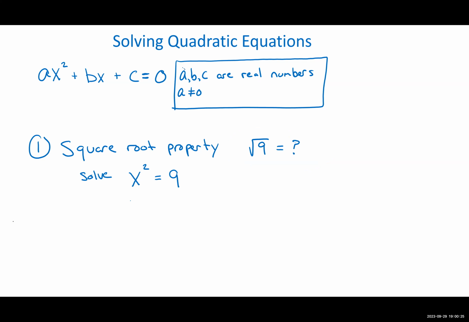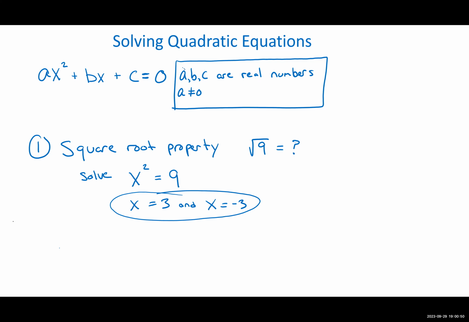Well, you would say, okay, well, 3. 3 times 3 is 9, so x is equal to 3. That's one solution. But what about negative 3? Negative 3 is also a solution because negative 3 times negative 3 is also 9.